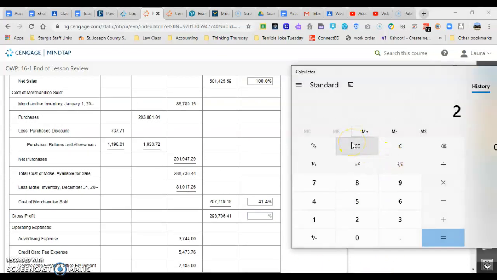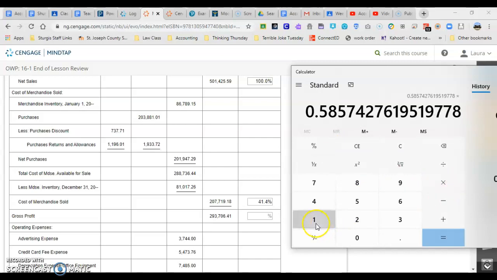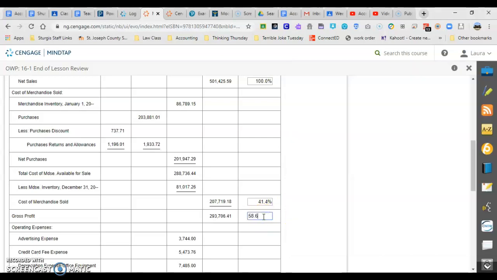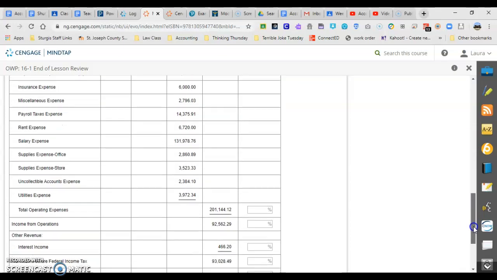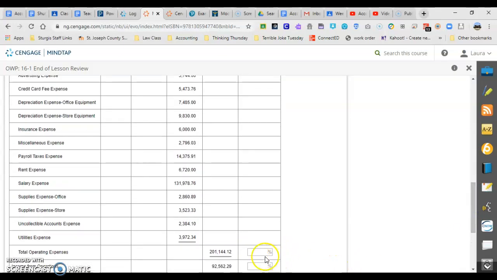Gross profit is 293,706.41 divided by 501,425.59, and we're going to times this by 100, and it's 58.6. That means we made about a 59% markup on our products. If you go down to our total operating expenses, we're always going to divide by total revenue.